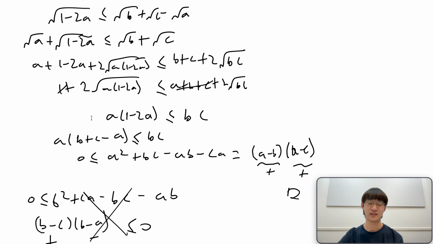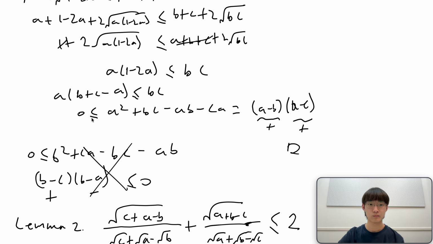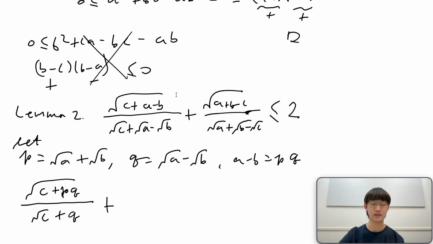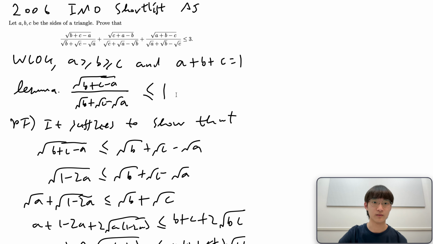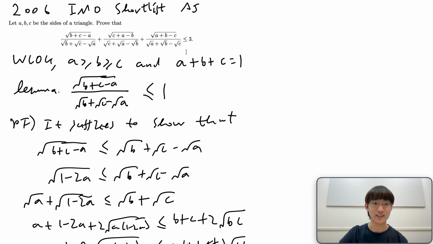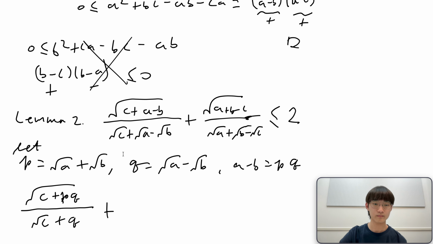A times A plus B, A squared minus AB minus AC. No, our first half is correct. That is what I did, and I remember using the first term.